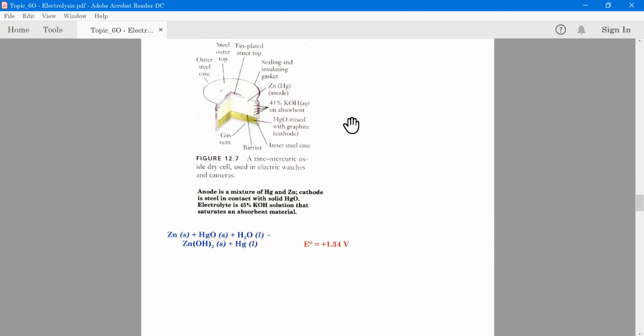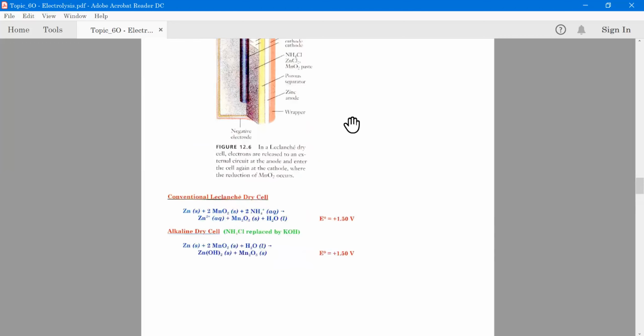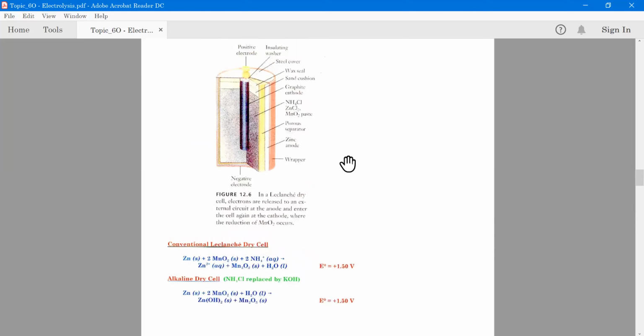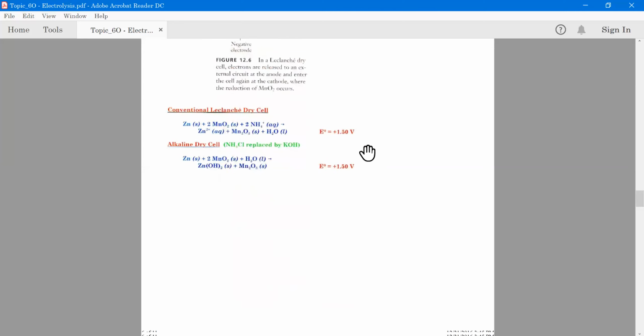Remember what we talked about previously, that the cell potential is an intensive property. What that means is it doesn't depend on the size of the cell, so a D cell, a C cell, a AA cell, or a AAA cell all have the same voltage, even though they have very different sizes. And that's because the cell potential is an intensive property.